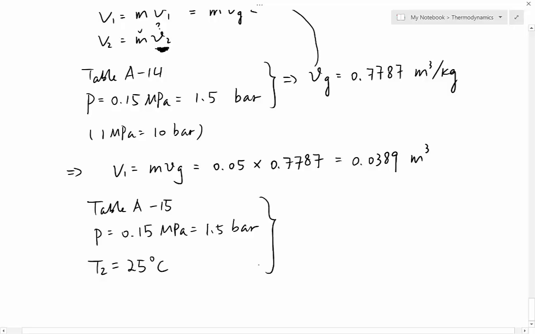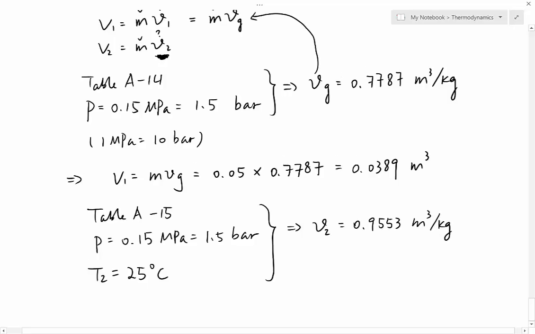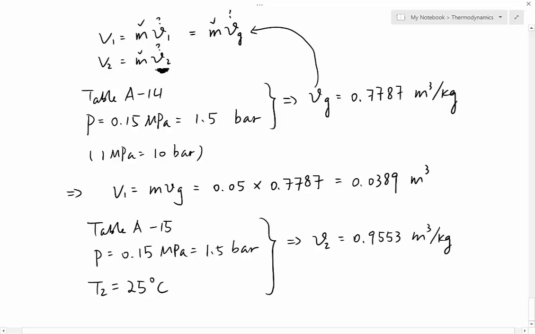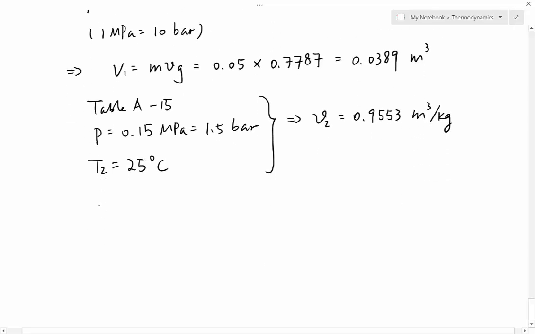And those things together give us the corresponding nu. Let's give it a subscript, nu2, meaning its final state. Nu2 is from the table 0.9553, and never forget the unit. So this is how you find nu2. And after you find nu2, you can plug it back into this equation and then find corresponding V2.